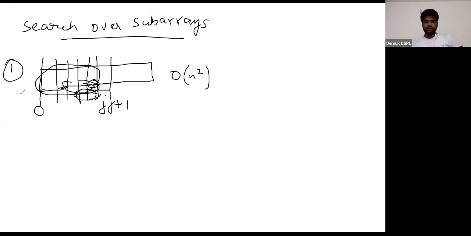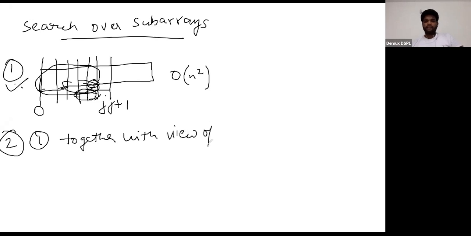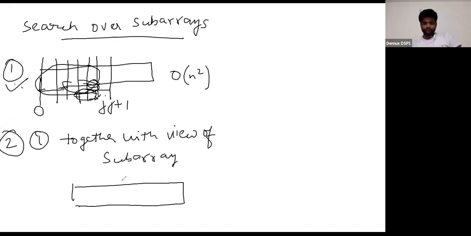And we saw what we can do with this, together with the view of the subarray that I told you, which helps us perform search over subarrays efficiently. How is that? Basically, when we fix a particular j, we have to check for a property for all subarrays ending at j, right?